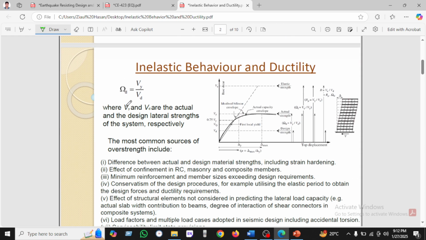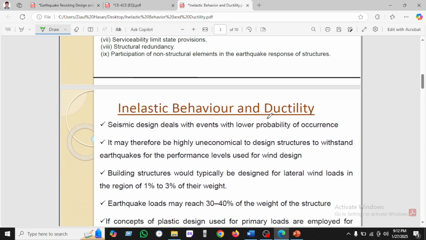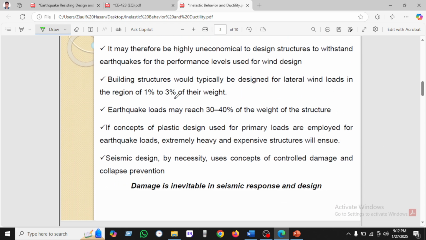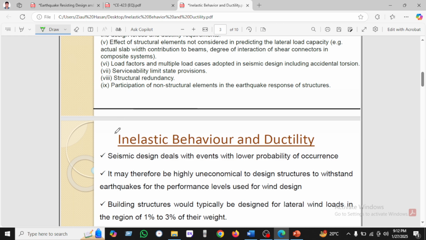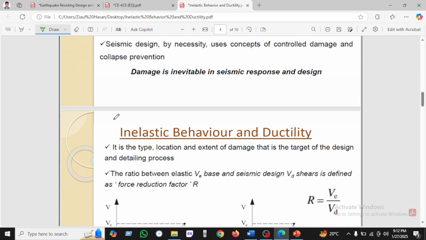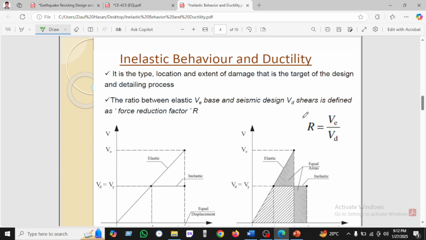And for inelastic behavior we have found mu d, which is B yielding divided by D. We also have here inelastic behavior or ductility. There are lots of theories given here; I am skipping this. And for elastic behavior you can see R, how we get R: Be divided by Bd.